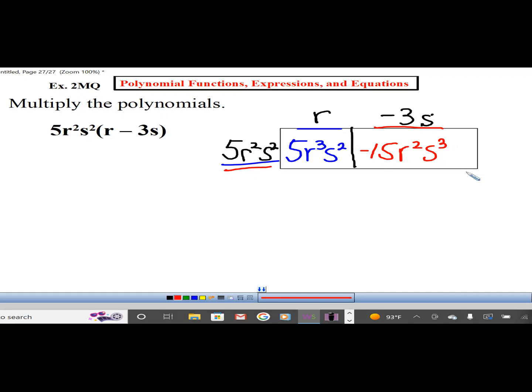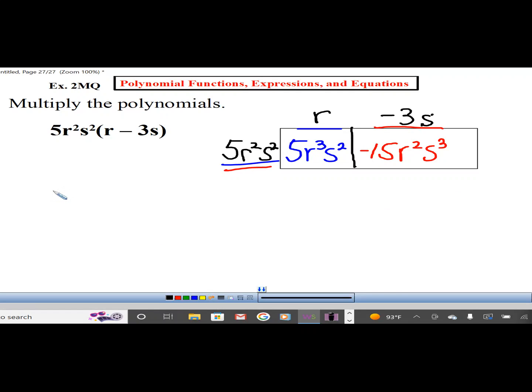All right. I'm going to give you another one, and for you to do this one using any method, either distributed property or area model. Let me give you another one. Here we go.